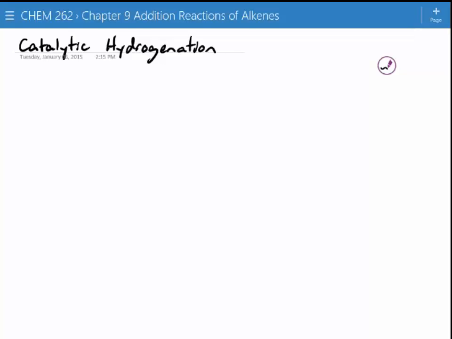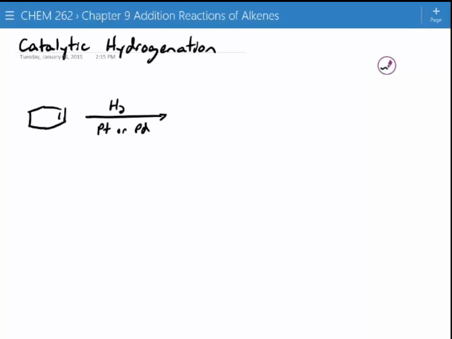So if we look at something like cyclohexene, we can react this with hydrogen gas, and we can use a catalyst like platinum or palladium. Usually it's palladium.